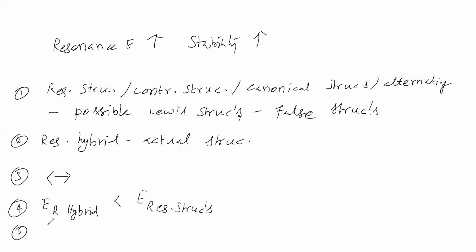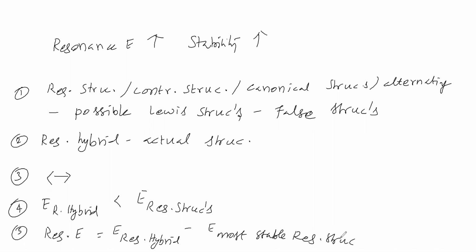Next, the resonance energy is equal to the energy of the resonance hybrid minus the energy of the most stable resonance structure. Next point, resonance energy being higher means the stability of a molecule is higher.